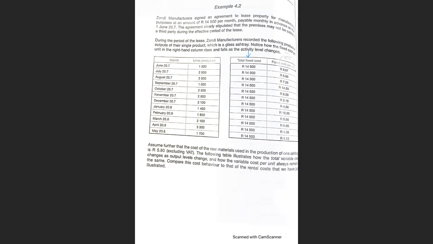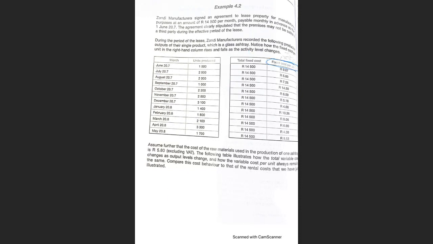where if you are producing more units, then you're spreading the total fixed cost over more units, which leads to a lower per unit cost. And if you're taking that same amount and spreading it over fewer units, then it results in a higher per unit cost. So let's have a look at the last column here, and how they calculated the figures of the fixed cost per unit.